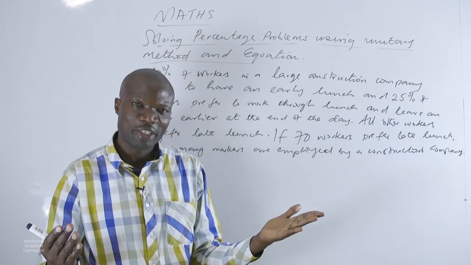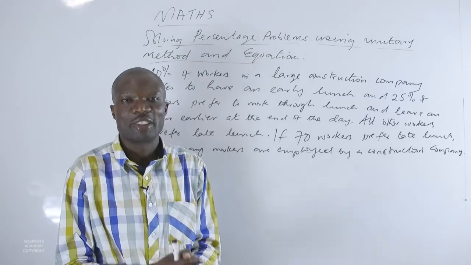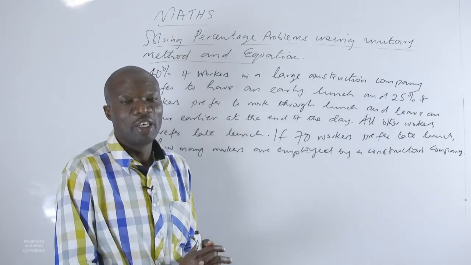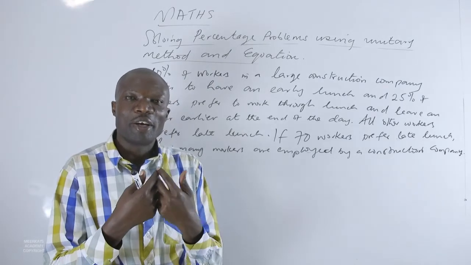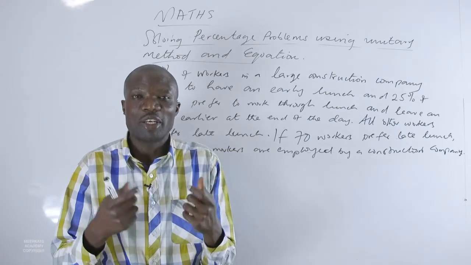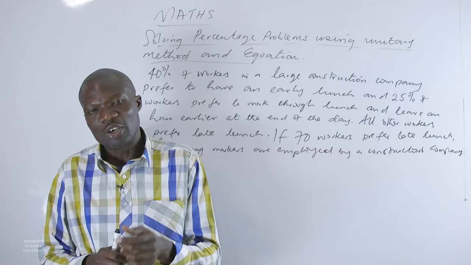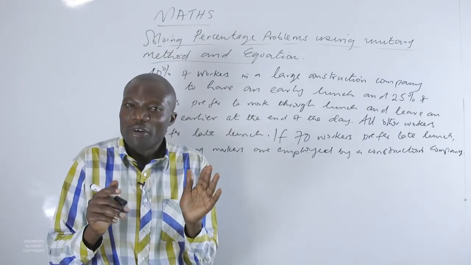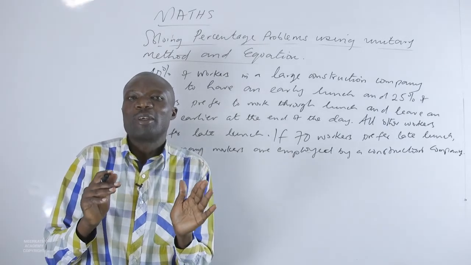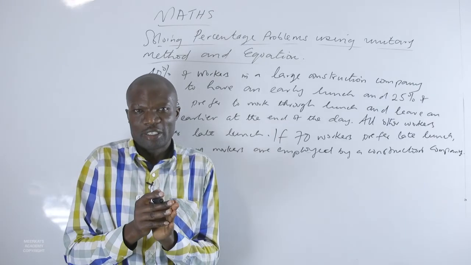So we are being asked to find the total population of workers or employees. That total population is mathematically equivalent to 100%. Are all the employees employed by the company? Yes.